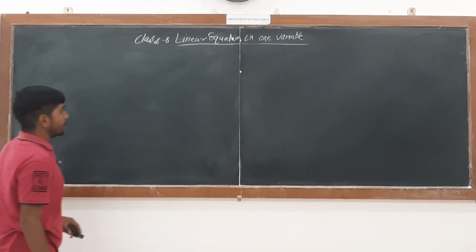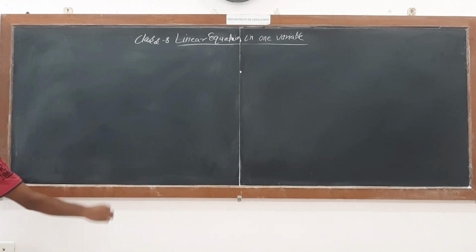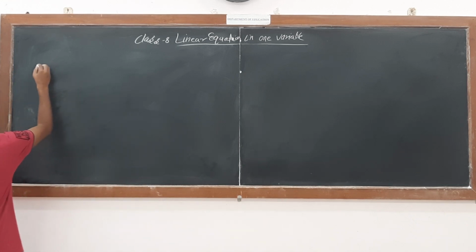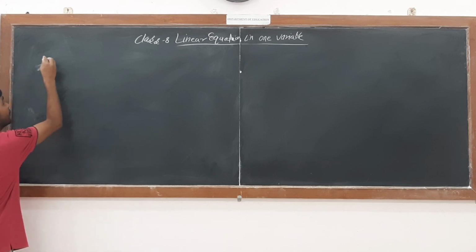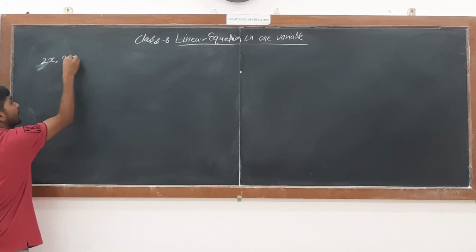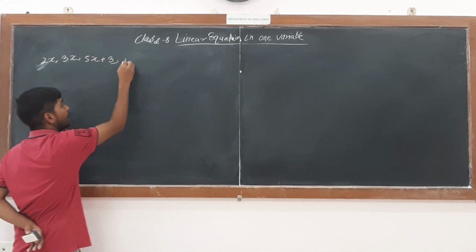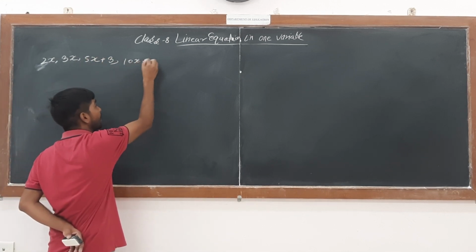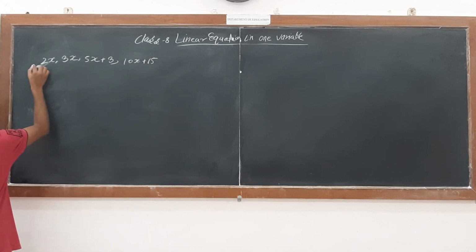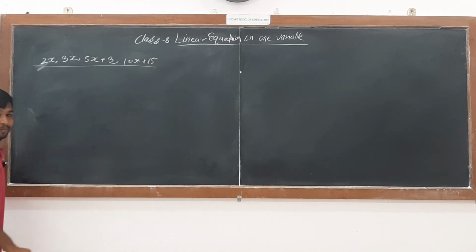So if we come to the expression, equation and variables, expressions are something which contain variables, like 2x, 3x, 5x plus 3, 10x plus 15, like that. These are the expressions which contain variables.